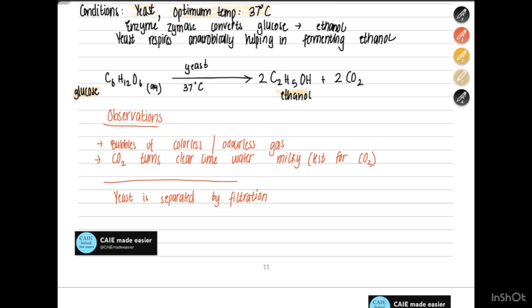Now, this glucose in presence of yeast forms ethanol, but when ethanol is specifically produced by fermentation, this is known as fermented liquid. So what is fermented liquid? These are some extra notes basically regarding fermentation. Fermented liquid is when ethanol is obtained by fermentation.